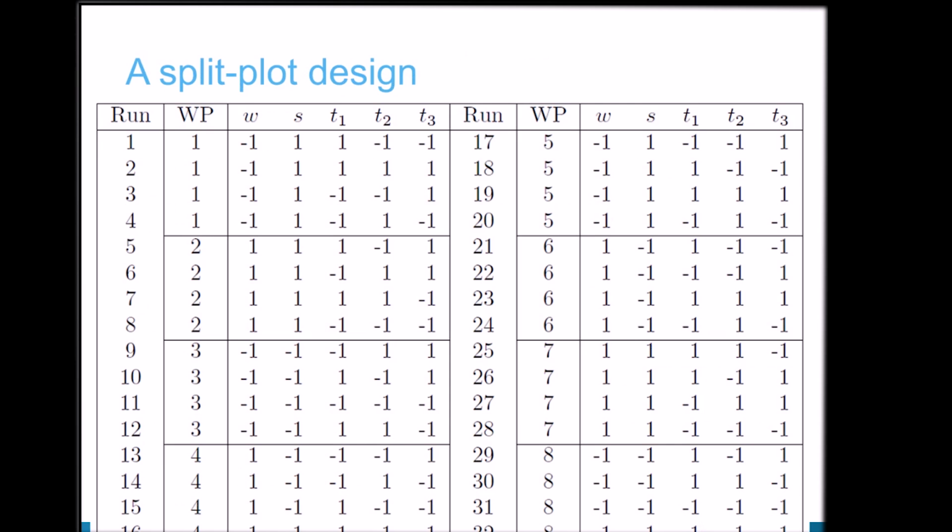For example, between whole plot 6 and 7, the factor W is not changed at all. And then between the other whole plots, I can see that W is changed very often.